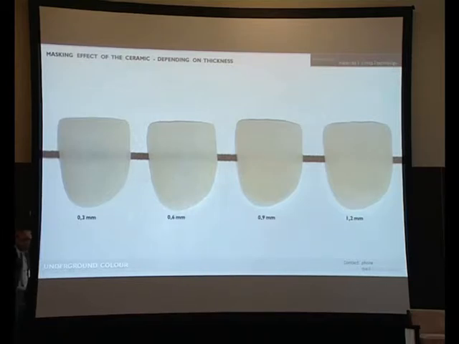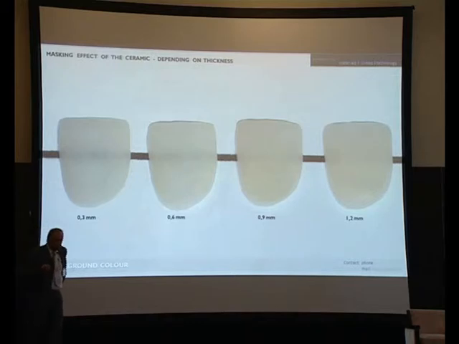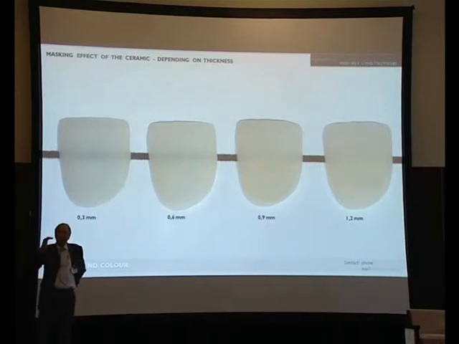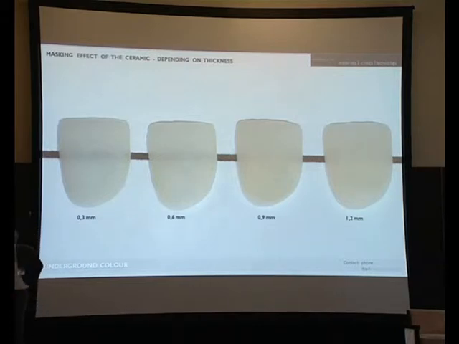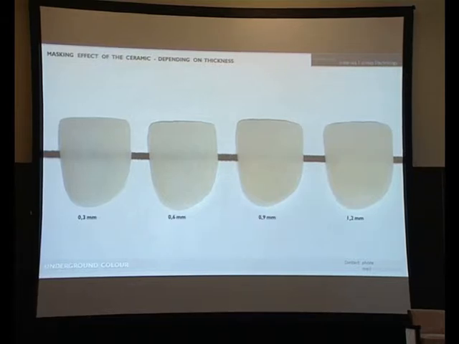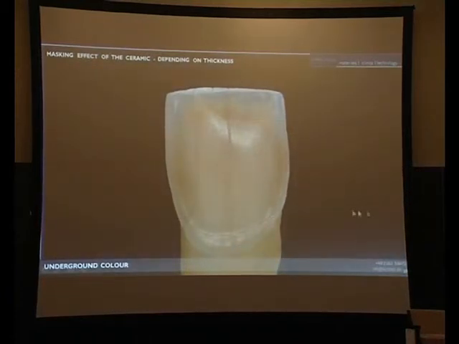So when you know this, you can set it in the parameter design of your software. You tell the software, I need 1.2 millimeters, and this will be added, and you will be shown if you have a problem and must add a little bit more. So CAD/CAM can control these aesthetic things.